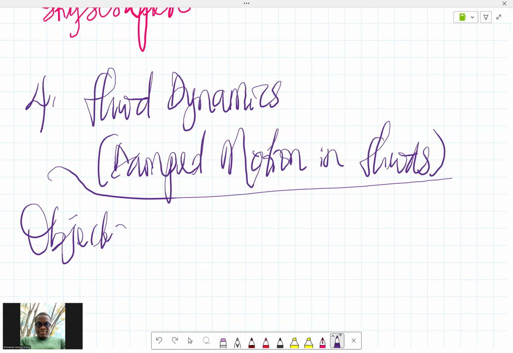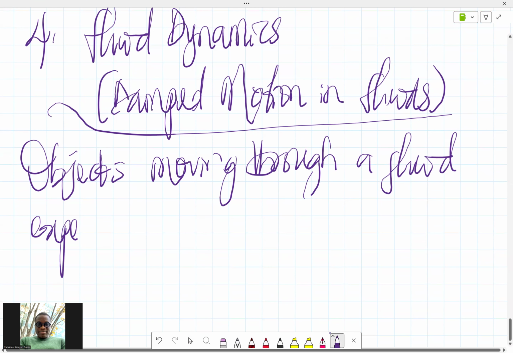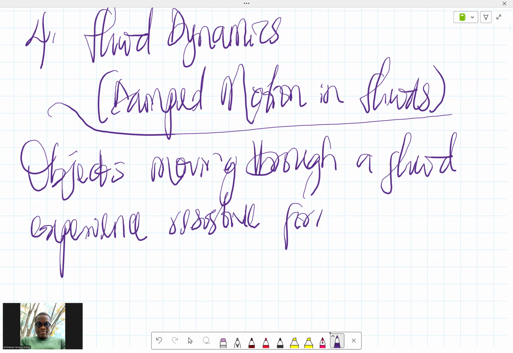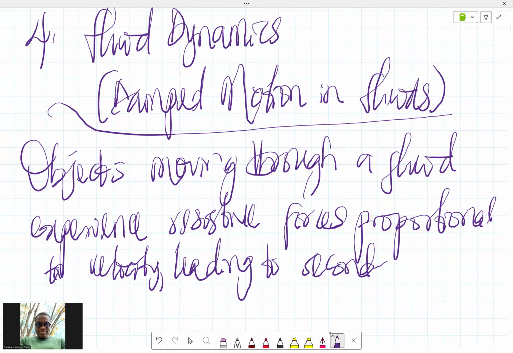Objects moving through a fluid experience resistive forces proportional to velocity, leading to second order ODEs.